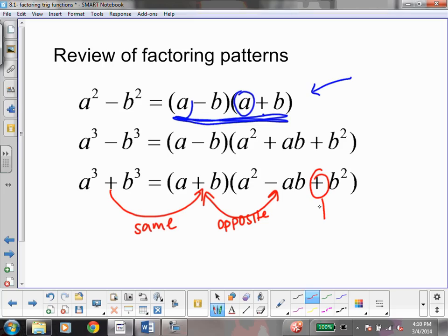And the last sign is always positive. And the second set of parentheses is made up of a squared in the beginning, b squared at the end, and you multiply a and b in the middle. I know we've talked about these a lot, but it is good for us to review these things.